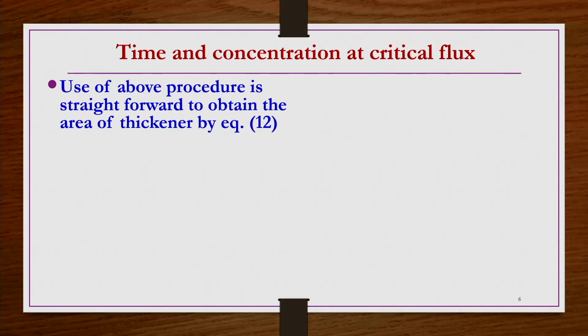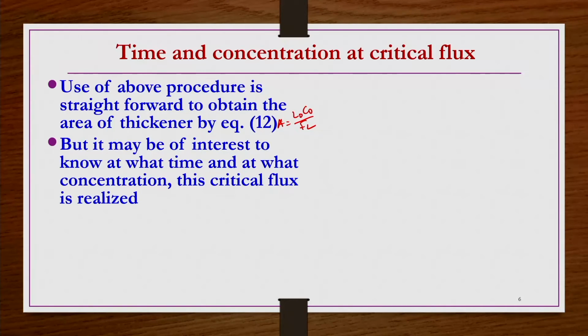Okay. Now, we go to a different method to get the area of a thickener, which is quite similar and straightforward compared to the previous one: time and concentration at critical flux. The above equation, A equals L naught C naught by Fl, is straightforward to obtain the area of the thickener.